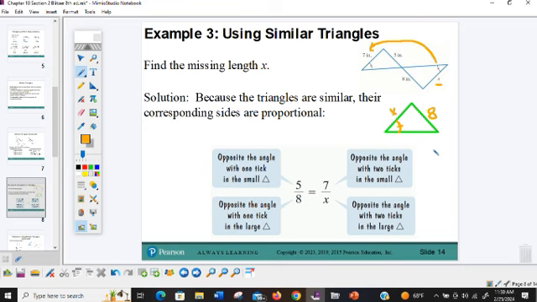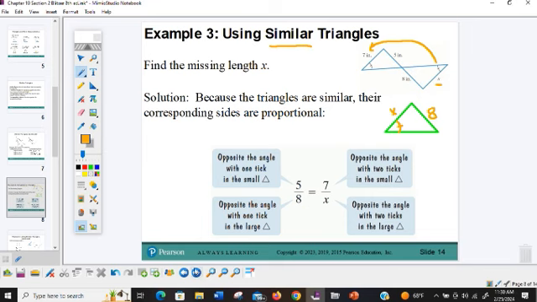So I can set up a proportion. Let's look at this triangle and this one. I can say 5 is to 8, right side to right side. So 5 over 8 equals 7 over x, left side to left side. When we know they're similar, we can set up proportions, and we can solve.